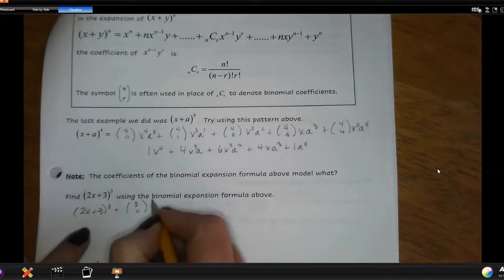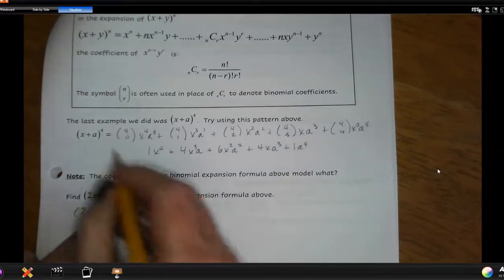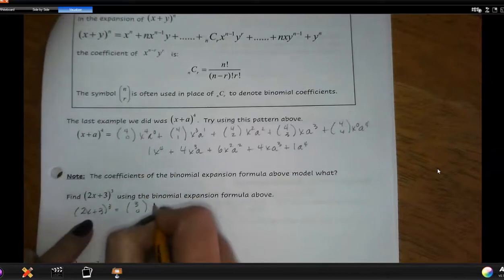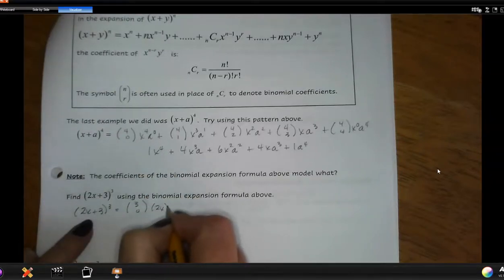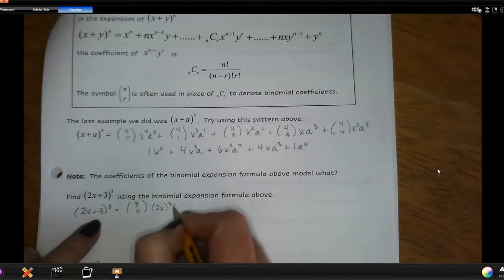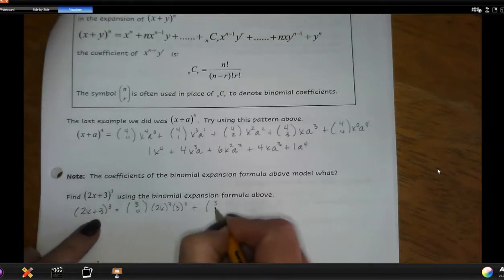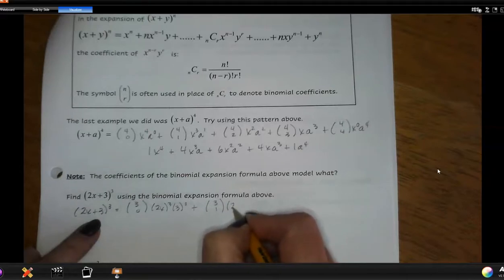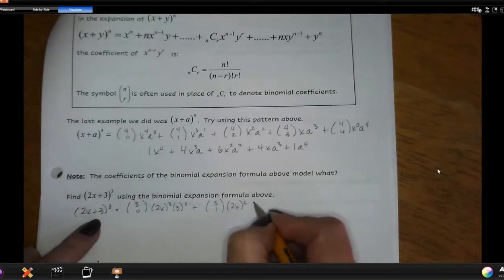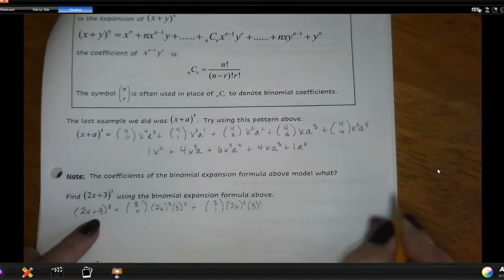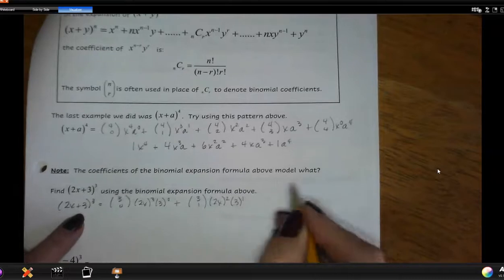The reason I want to show you this is be careful, this is a little different than x. When you do this right here, it's 2x to the third power, 3 to the 0 power. And then 3 take 1, that would give us 2x squared, and 3 to the first power. Just make sure you've got everything in there as you're working that.